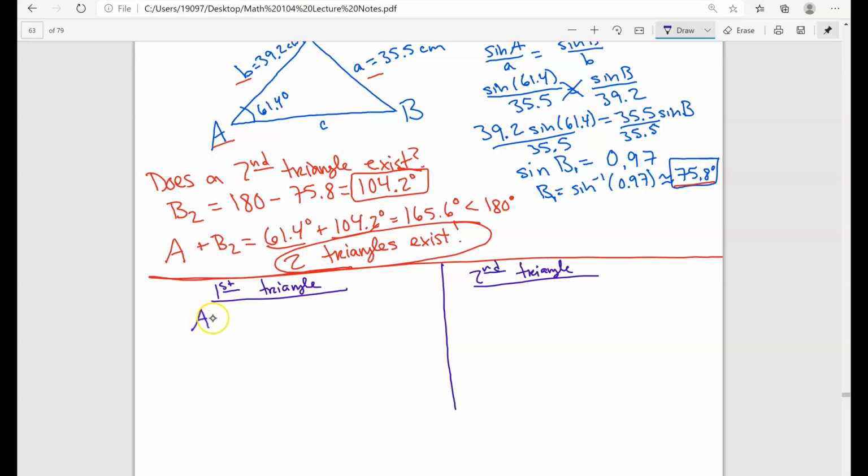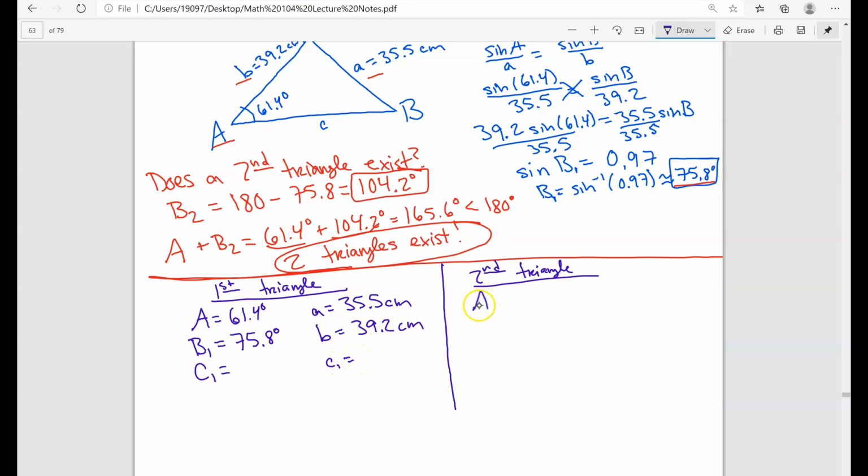I know what A is, 61.4 degrees, and I know what little a is, that's 35.5 centimeters. My first B1 was 75.8 degrees, and I know what little b was, that was given to me, 39.2 centimeters. I don't know what C1 is, and I don't know what little c1 is, so I'm going to leave it as is.